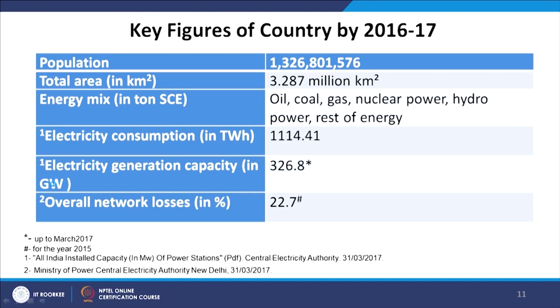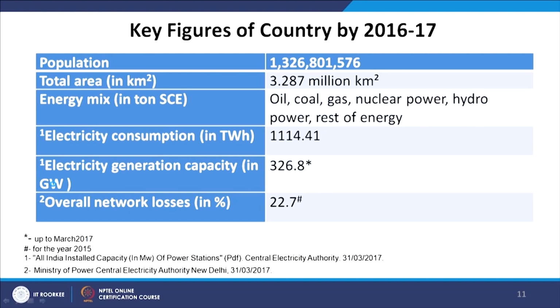The total area that we possess is close to 3.287 million square kilometers, and for the energy mix, we have energy from oil, coal, gas, nuclear, hydro and renewables. The electricity consumption is 1114 terawatt hours, whereas electricity generation capacity as of March 2017 was 326.8 gigawatts.